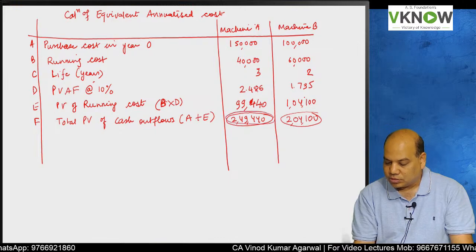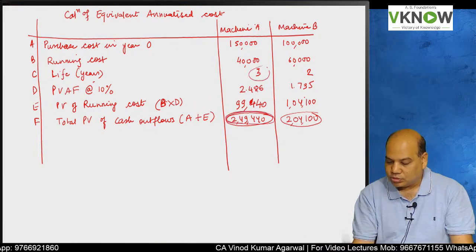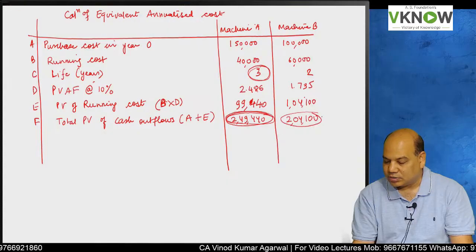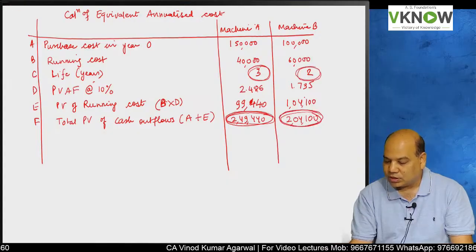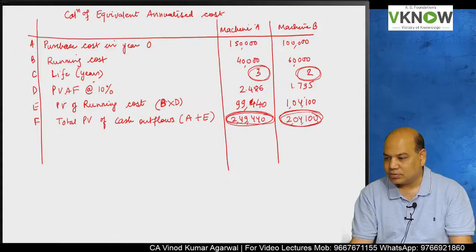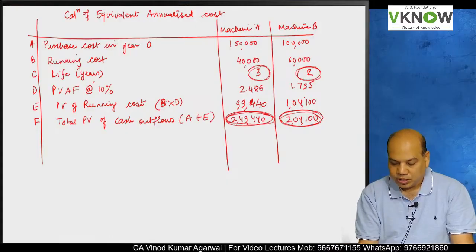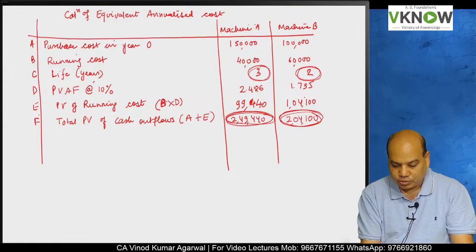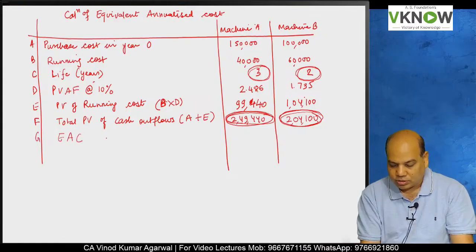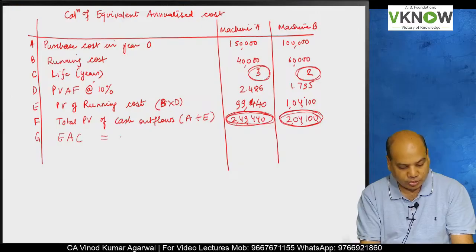With this amount, you get to use asset A for 3 years. With this amount, you will be able to use asset B for 2 years. So in order to make them comparable, I will compute equivalent annualized cost. And how do I compute it?